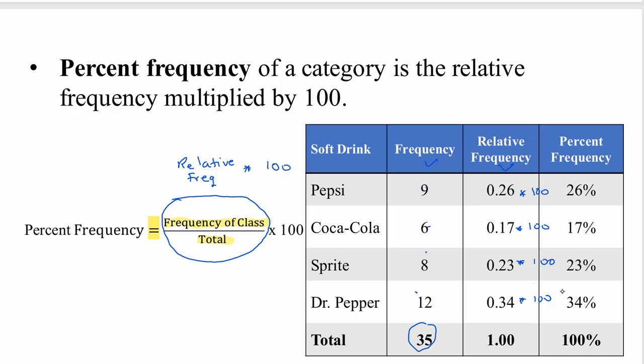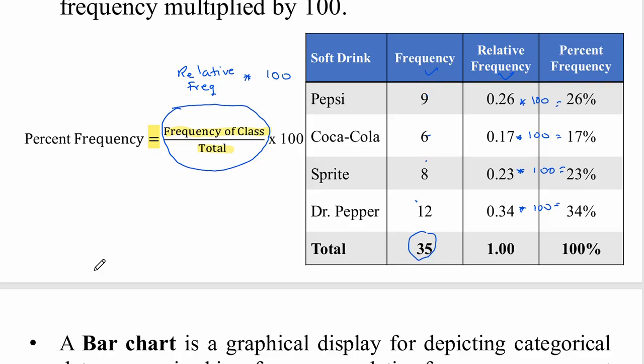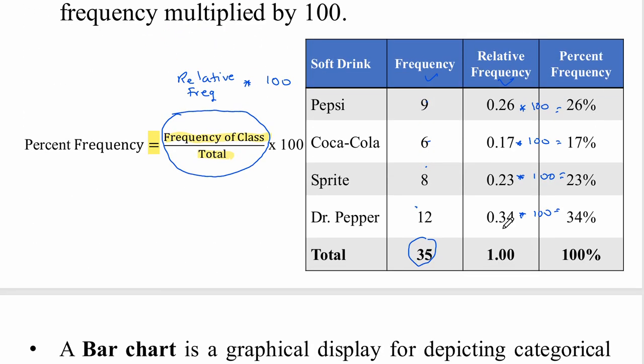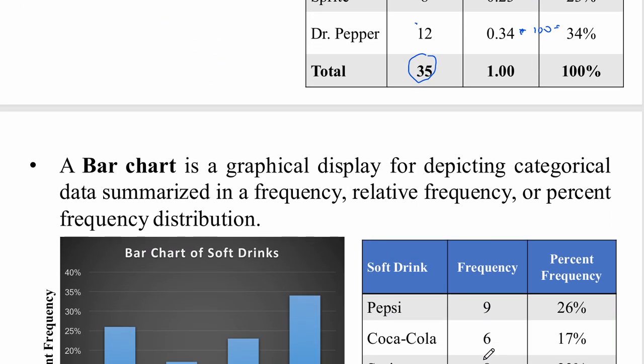And so when I multiply all these by 100, I get their percent equivalent. And I'm pretty sure you may have done this in your Math 145 or any of your prerequisite math courses for this course.